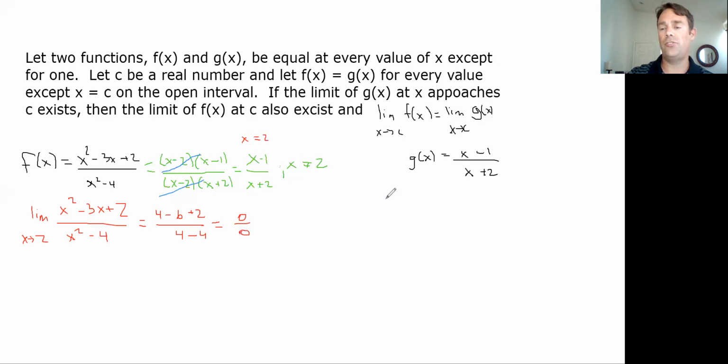That doesn't work. It's what we call indeterminate form. So this form of 0 over 0 is called indeterminate form. In other words, we are in a form where we can't determine what our value is.